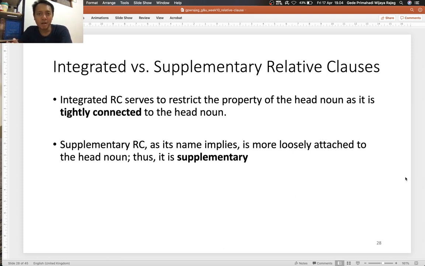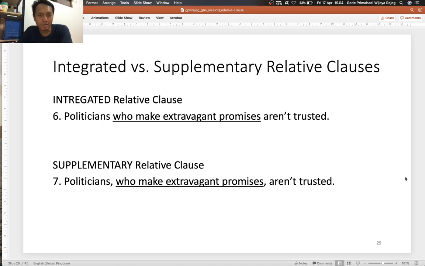Okay, how do they differ? But before we look at their difference, these are examples of integrated versus supplementary relative clause. You may think that they look almost the same, but if you look at example 7, the relative clause who make extravagant promises is set off from the main clause by means of commas.